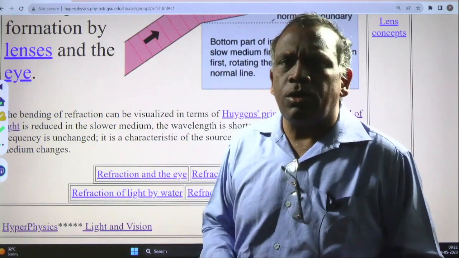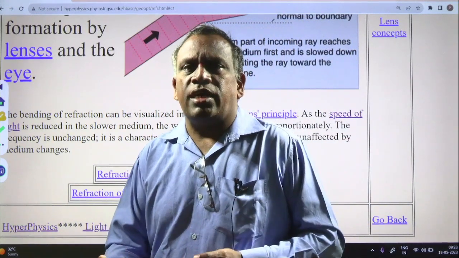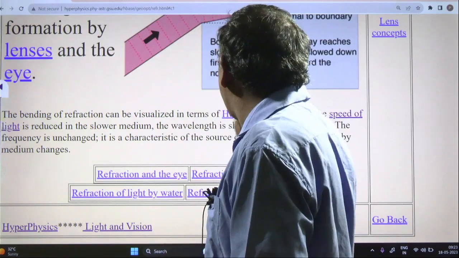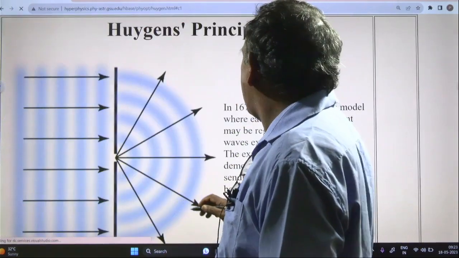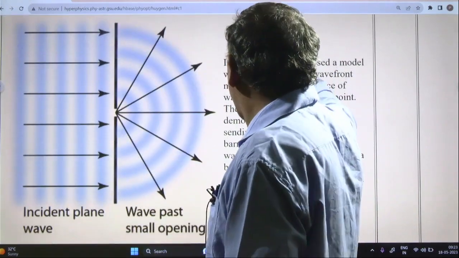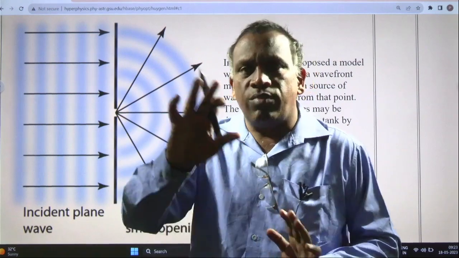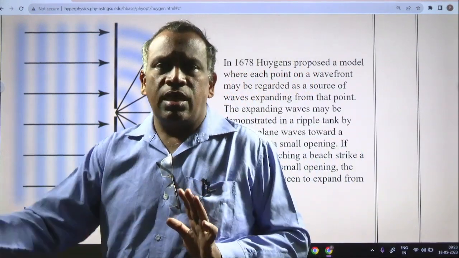There is a concept called Huygens principle. Huygens principle states that every point of a wave has its own wavefront and produces another wavelet.